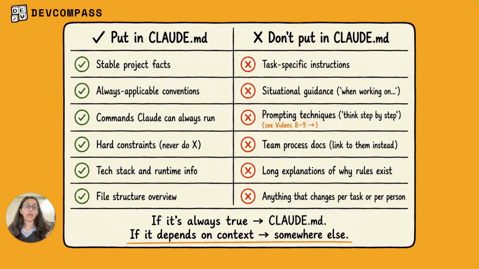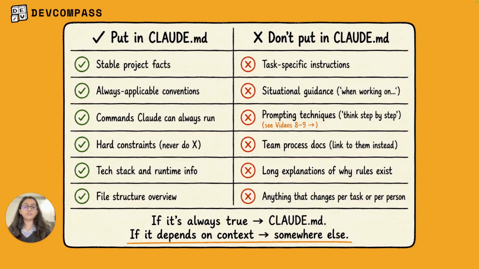But if it is task-specific instructions, it wouldn't. For example, "This is a Node.js API" is always true, so that will belong, but "When working on the auth flow today, please focus on token expiry" is a very task-specific thing. So it belongs in a session prompt, not a team file.